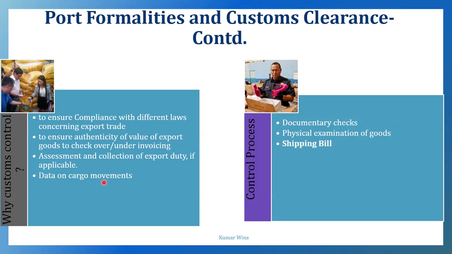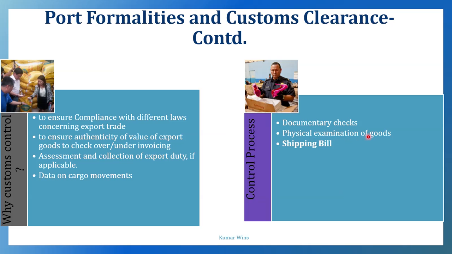So what is the process of control? For complying with these objectives, the customs grant permission of export at two different stages. First, the documentary checks are made at the office of the customs, that is the customs house. Generally we call the office of the customs the customs house, and they perform these documentary checks.